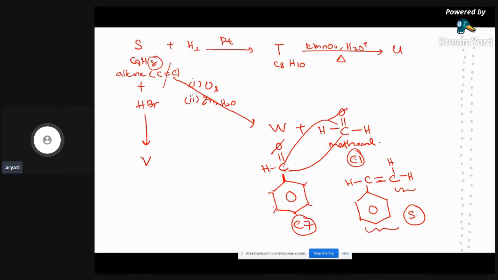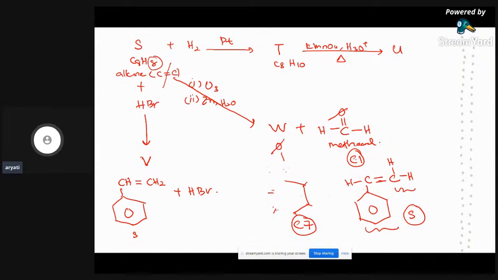So structure bagi V will be, okay, S ialah, so saya salin balik structure ni. Ini structure bagi S, CH, double bond, CH2. Ini ialah S. Bila react dengan HBr, mesti sentiasa follow ataupun obey Markovnikov.